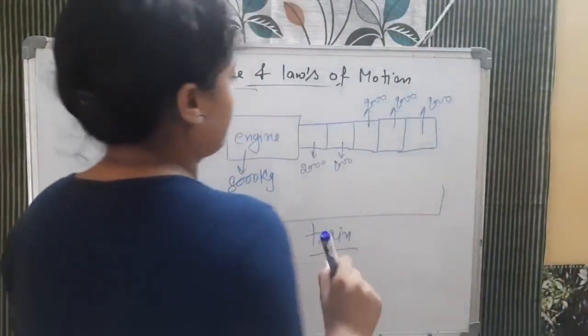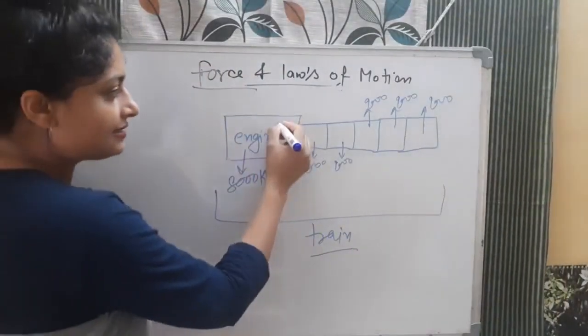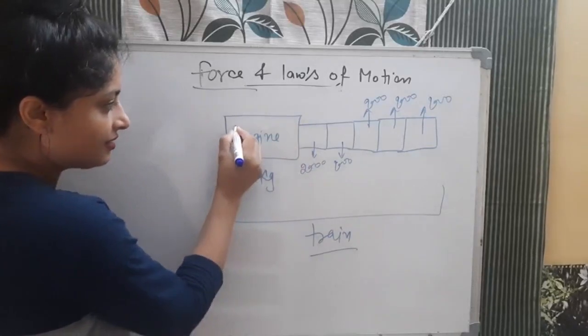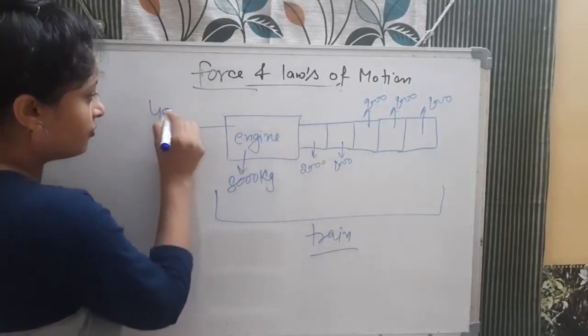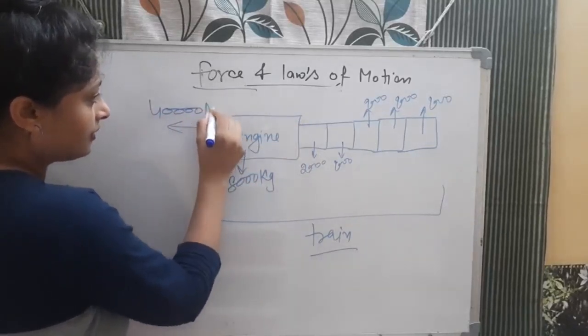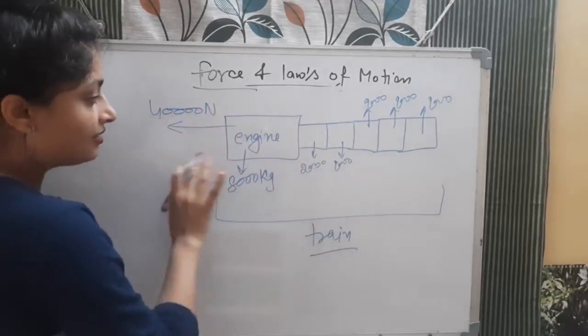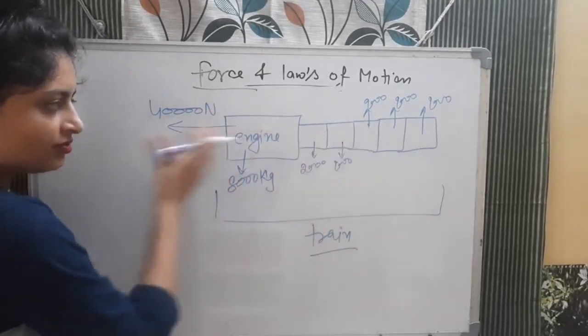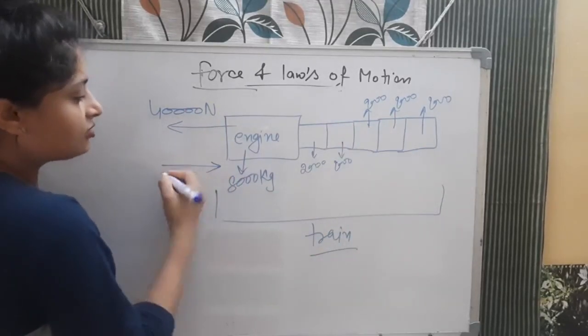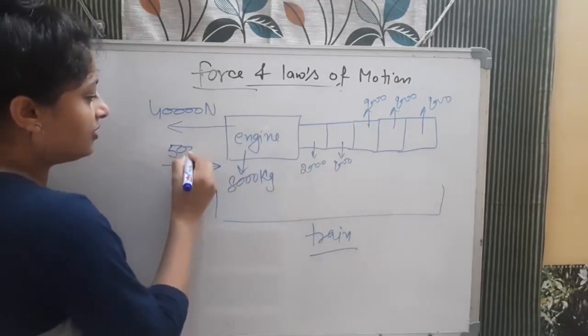Firstly, children, this engine is exerting 40,000 Newton force. To pull and move forward it needs 40,000 Newton force, and the track on which it moves will apply the resistance, or we can say frictional force, of 5,000 Newton.